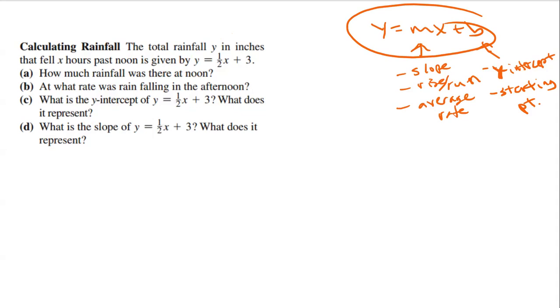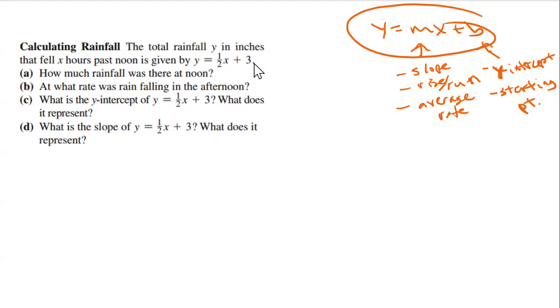I'm going to give you another minute or so to figure it out. The total rainfall, Y in inches, that fell X hours past noon is given by this. So before we even look at the questions, what does the 3 indicate?